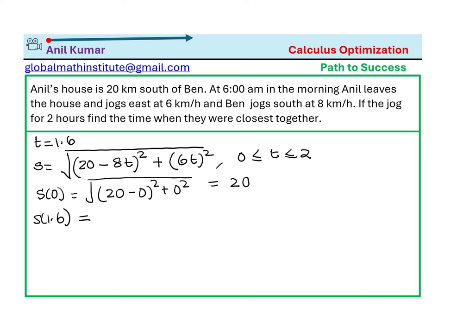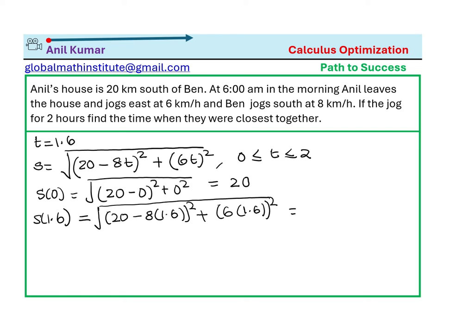Right. Now let's plug in 1.6. So if I plug in 1.6, I get the square root of (20 minus 8 times 1.6) whole square plus (6 times 1.6) whole square. Let's use the calculator to calculate this value.